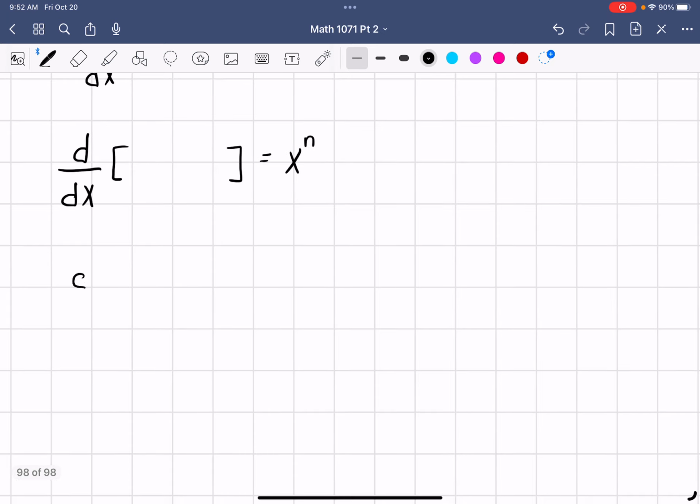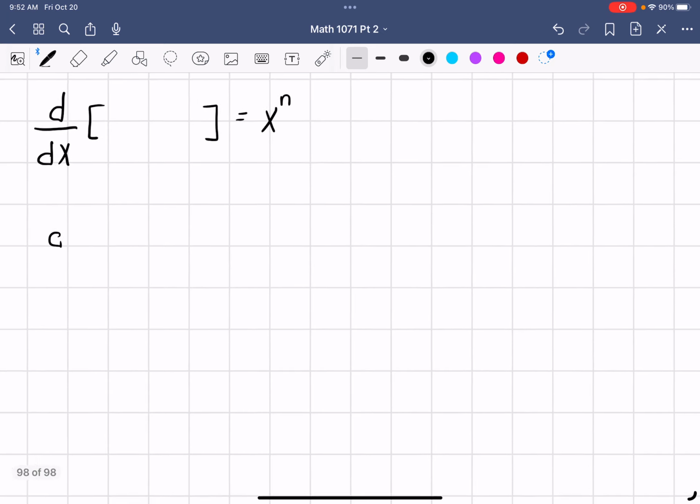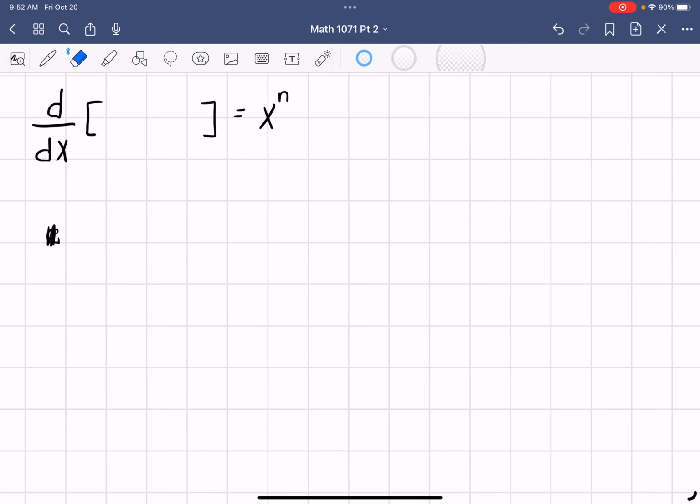I've got x to the n plus 1. You're all comfortable with this. I want the derivative of x to the n plus 1. And you would say, okay, sure. Old power is new coefficient. New power is 1 less. And of course, the derivative of a constant is simply 0.